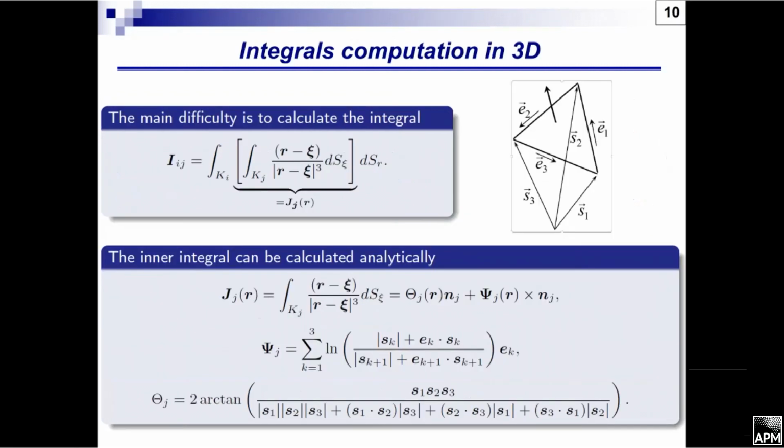In fact, the main difficulty in this system construction is the computation of such integrals. These integrals are geometrical integrals, but it is a very non-trivial problem to compute them with high accuracy. In fact, the inner integral can be calculated analytically.